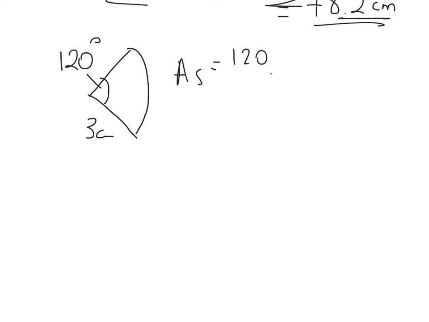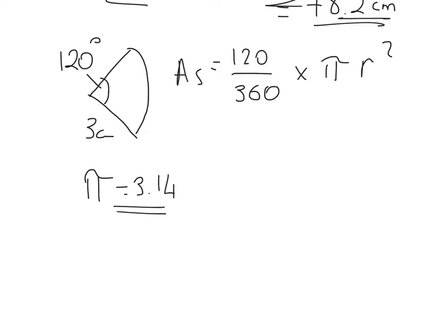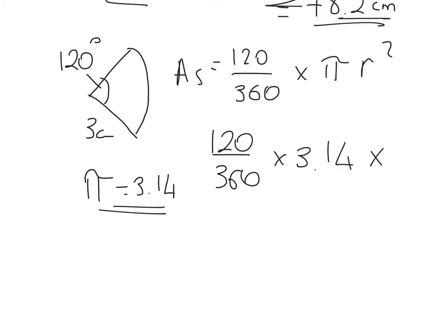So 120 out of 360 lots of pi r squared, and the question at that time is going to tell me to take pi as being 3.14 rather than use the pi button because I don't have a calculator. So it's 120 out of 360 times 3.14 multiplied by the radius squared. The radius is 3 squared. Let's go straight to 9 with that one.